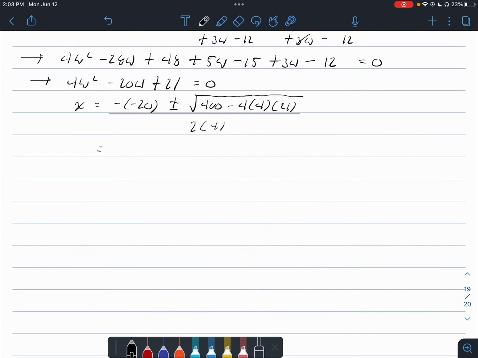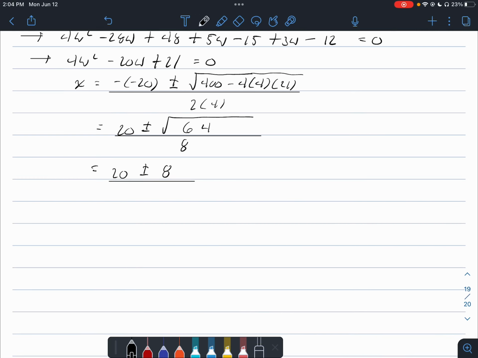So simplifying this, we get 20 plus or minus the square root of 400 minus 4 times 4 times 21, which is 336. So 400 minus 336 is 64, all over 8. So we'll end up with 20 plus or minus, so the square root of 64 is 8, and this will be over 8.